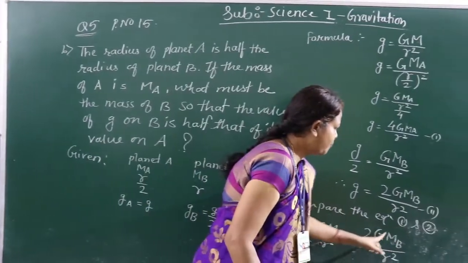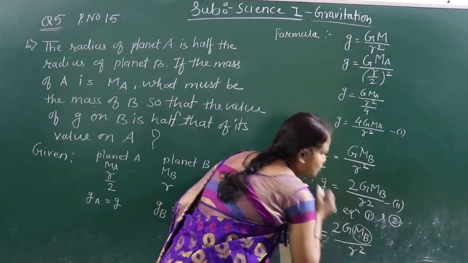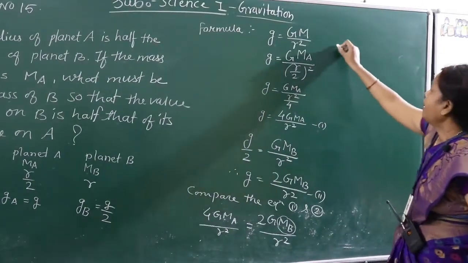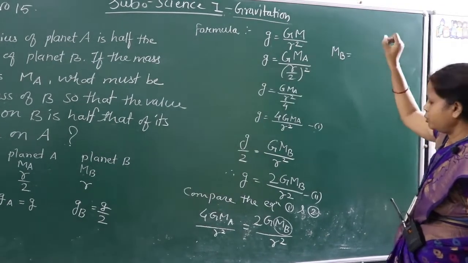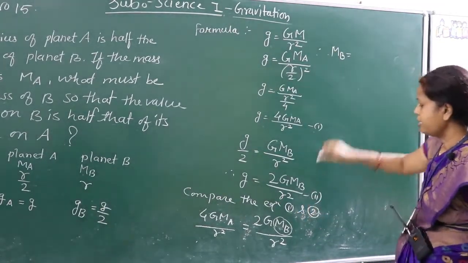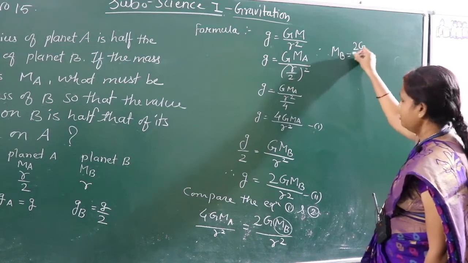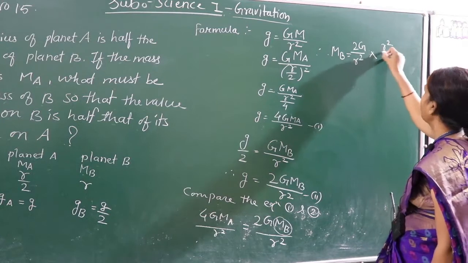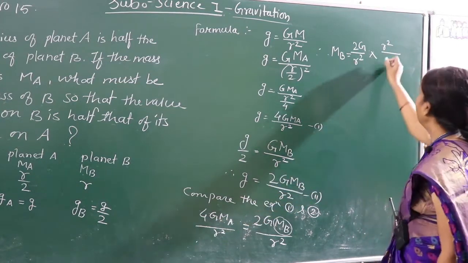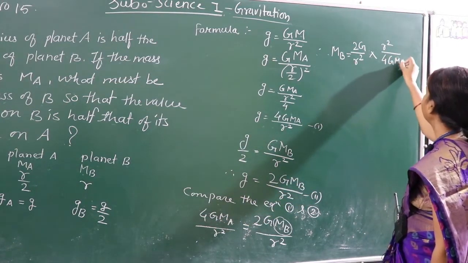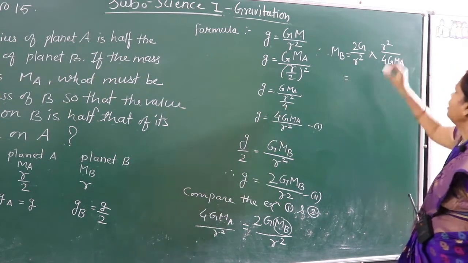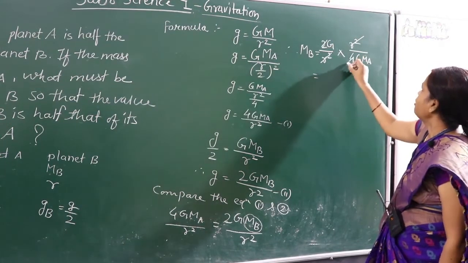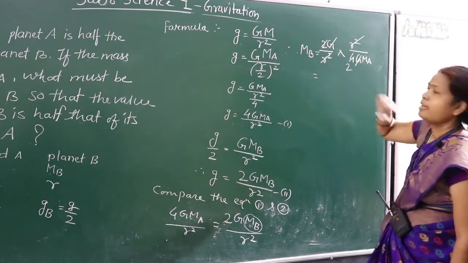So the mass of B, M_B, is equal to 2G upon r square multiplied by r square upon 4 G M_A. The r square cancels, 2 over 4 gives half of... 2 2s are 4, G cancels.